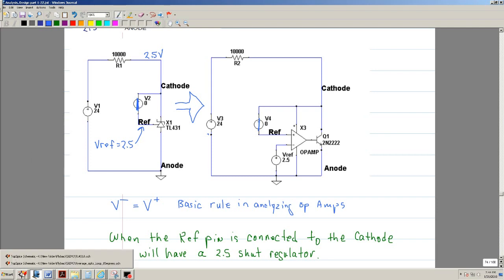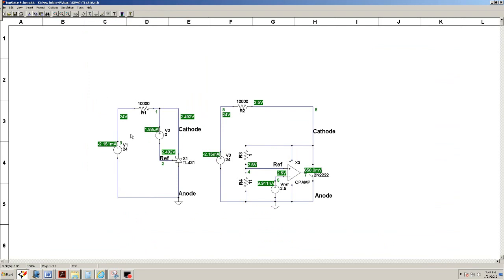If I run the simulation, notice it's connected to the cathode, and when I do a DC operating point, it says 2.449 volts.